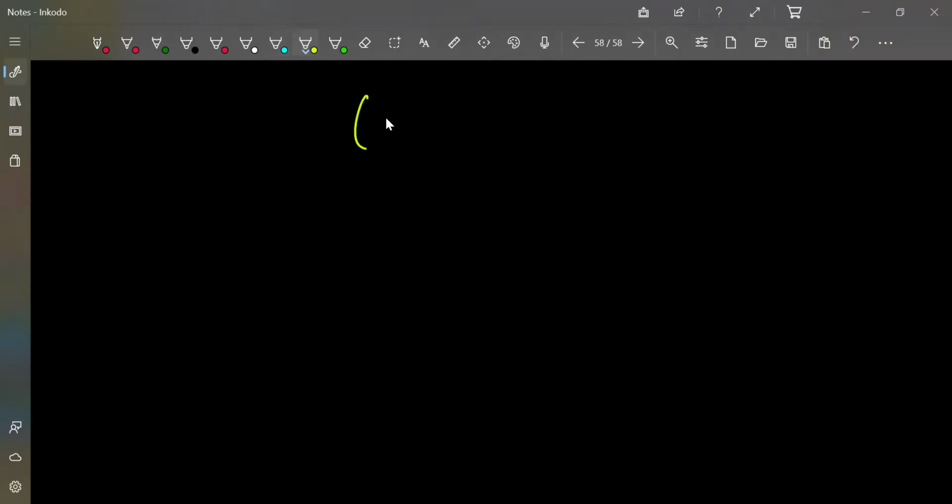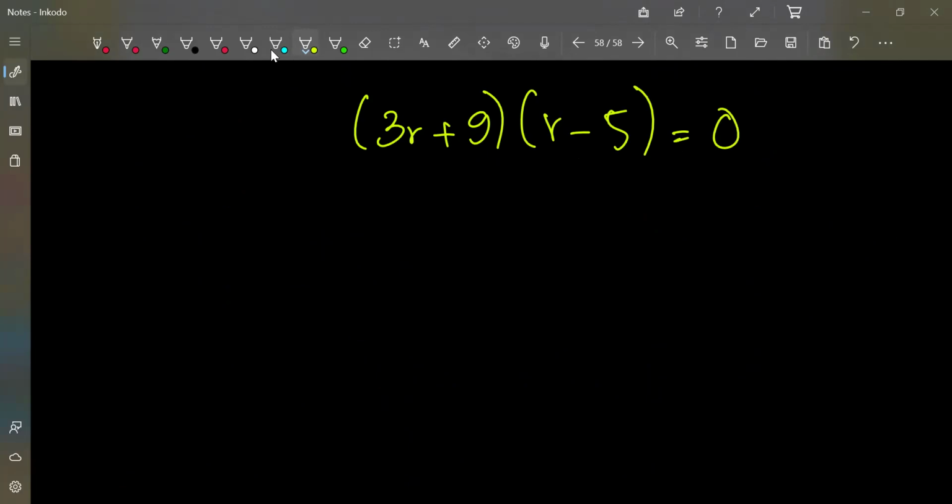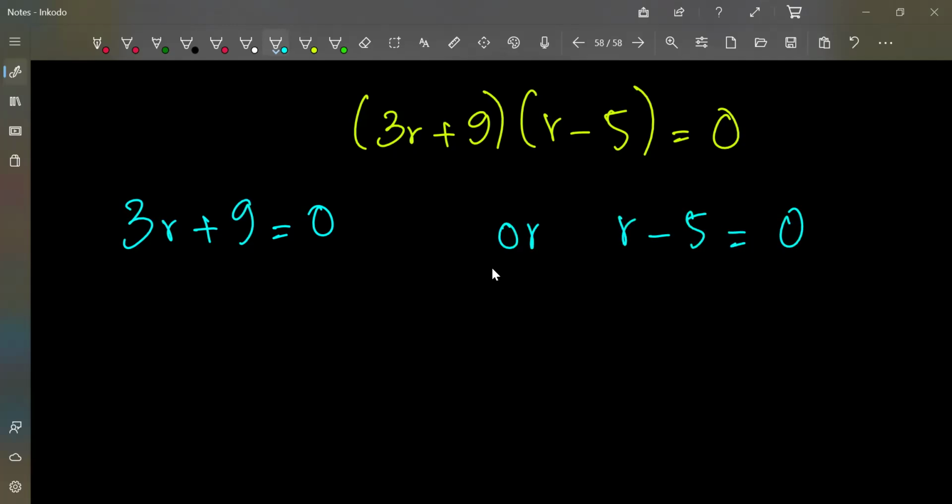If I have 3r plus 9 multiplied by r minus 5 equals 0. So we get 3r plus 9 equals 0 or r minus 5 equals 0.